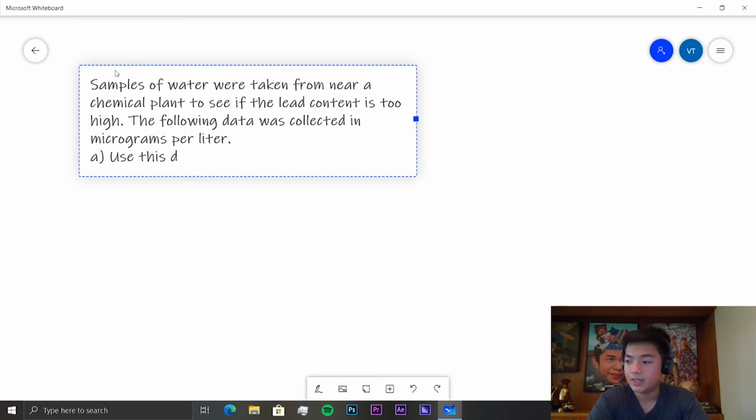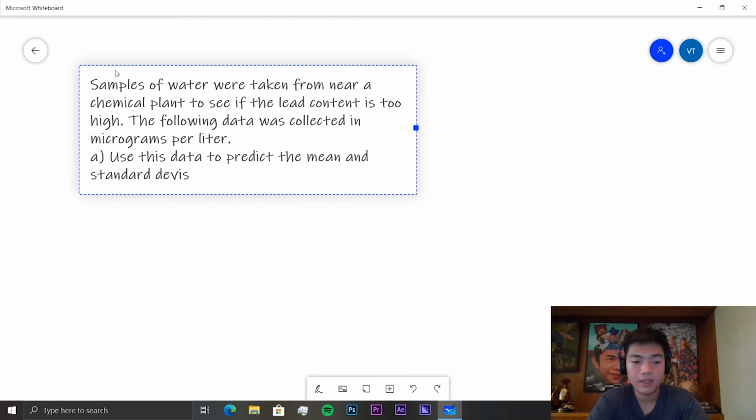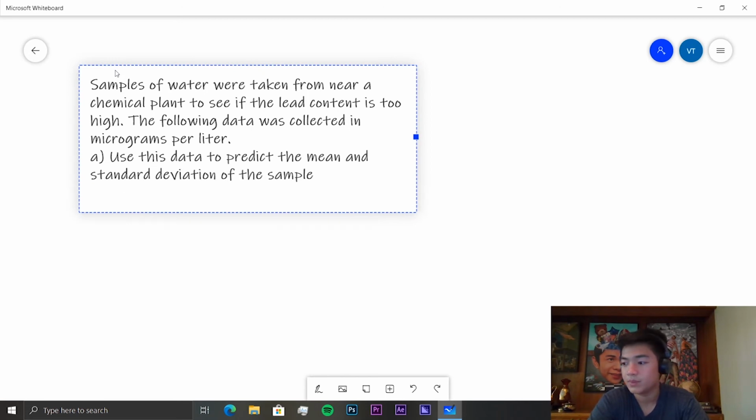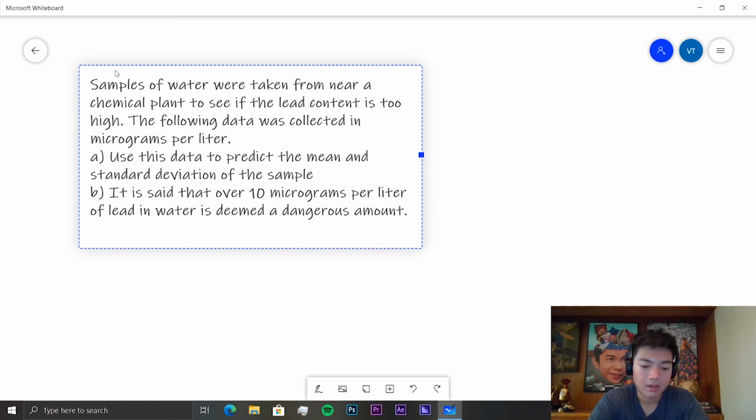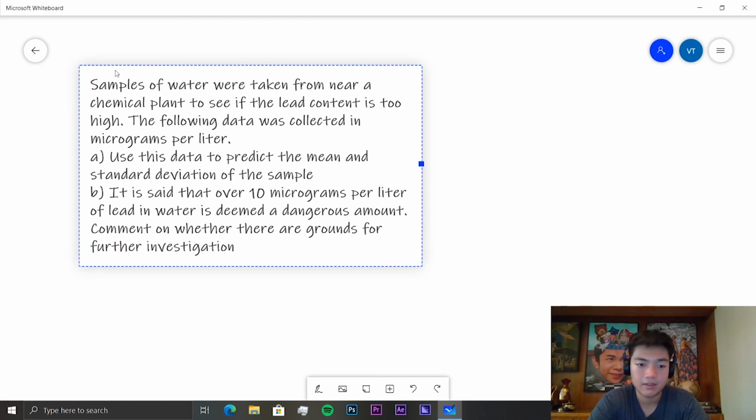Use this data to predict the mean and standard deviation of the sample. It is said that over 10 micrograms per liter of lead in water is deemed a dangerous amount. Comment on whether there are grounds for further investigation.